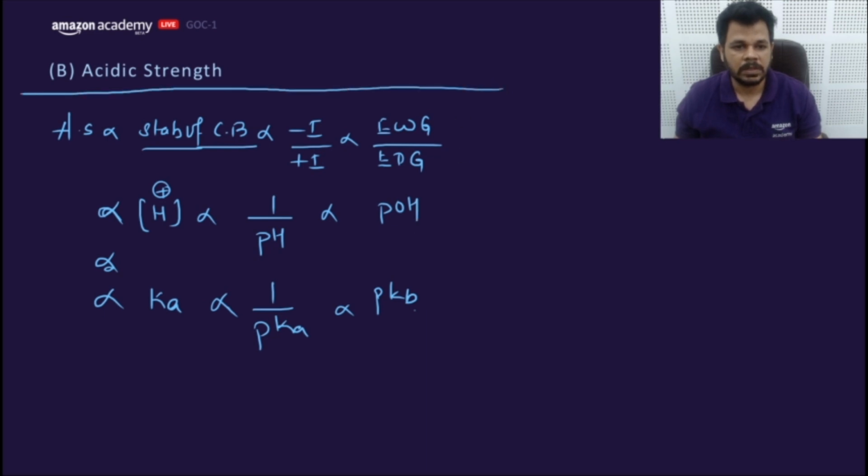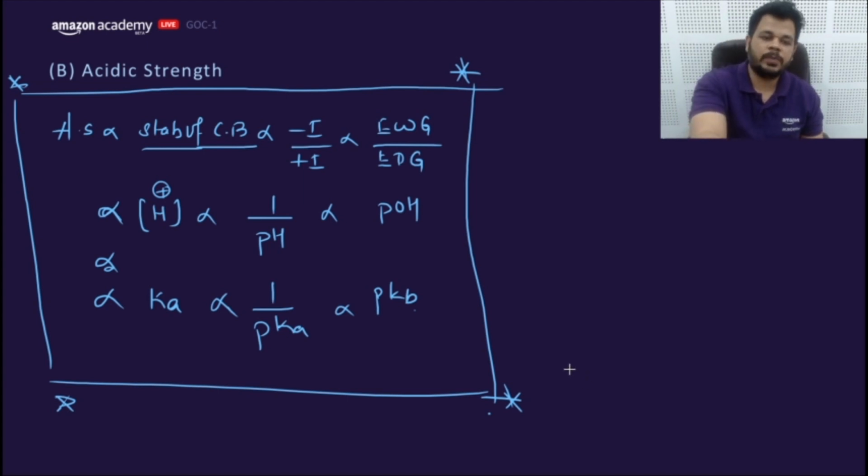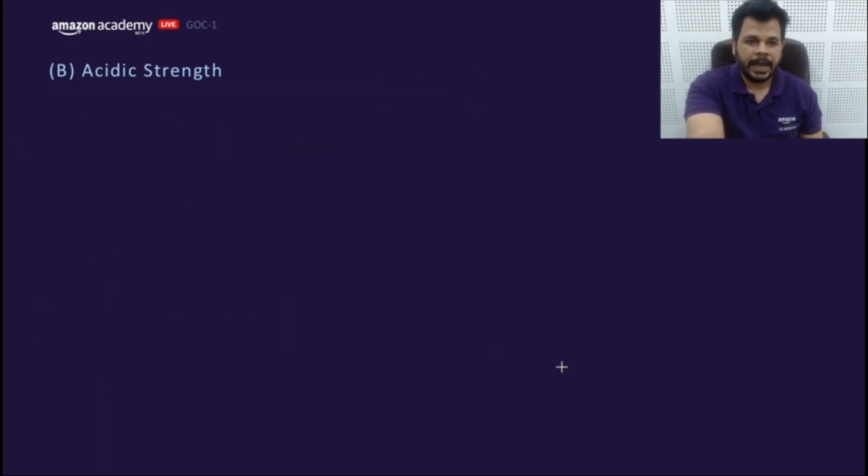So this is the Brahmastra we were talking about, which can solve all your problems. Mark it star. Got my point? Let's move to the next part, considering acidic and basic strength.